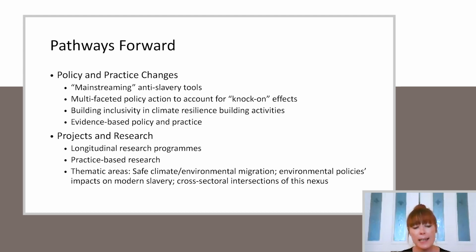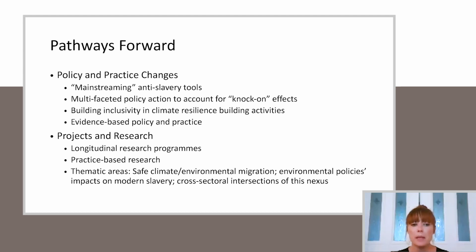And thematic areas I think are going to be really important for the future. I think really learning how to mitigate the trade-off between the renewable energies and the modern slavery is very essential. But also we know that 1 in 4, it's now predicted in the world by maybe as early as 2050, at least one person in 1 in 4 households may be forced to migrate due to climatic and/or environmental change.